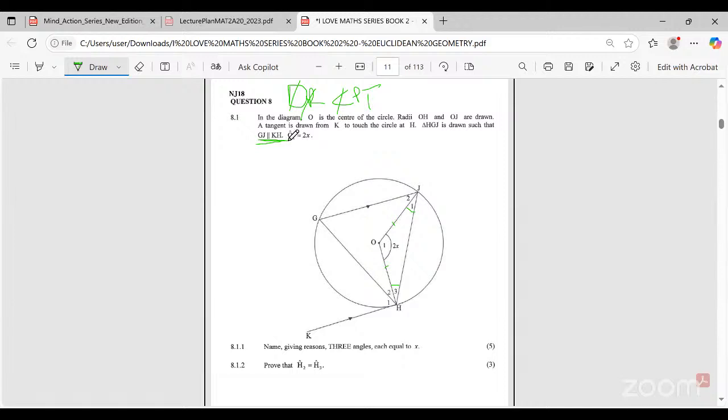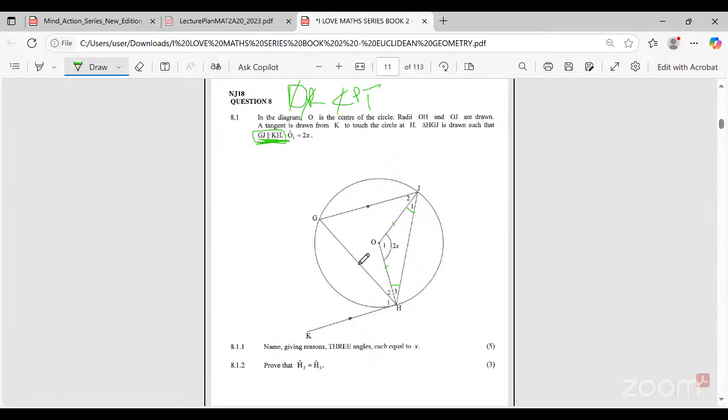Okay, you were saying you think there is a cyclic quad. Which one, maybe? So wouldn't you say HGJO is a cyclic quad? GJOH. Yes. Oh, no, it's not.